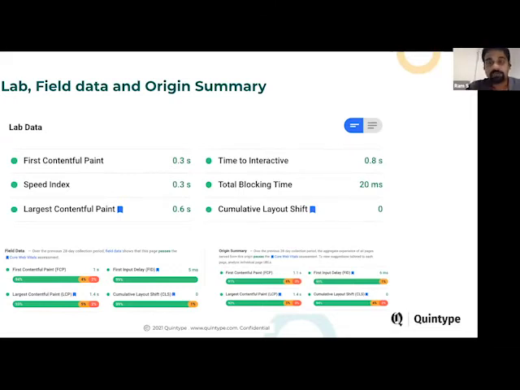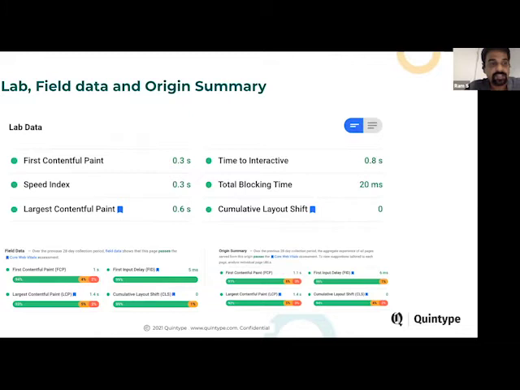I'm sure a lot of people would have recognized the Chrome User Experience Report. Chrome keeps collecting a lot of such metrics. And on what basis are these metrics collected? The general rule of thumb is if 75% or more users are experiencing a specific pattern, that's considered.